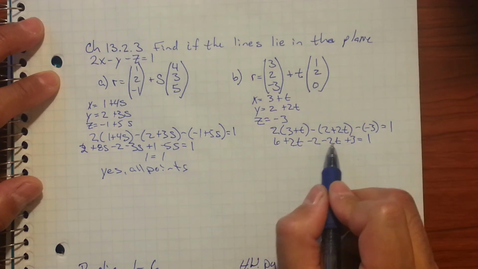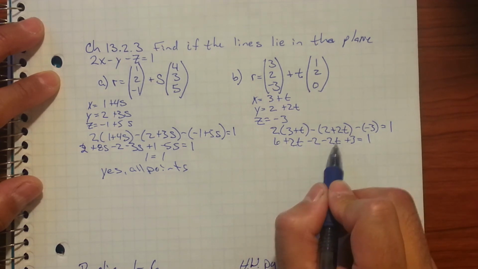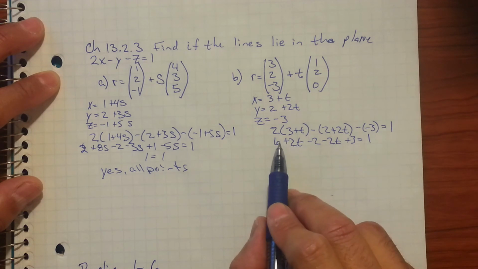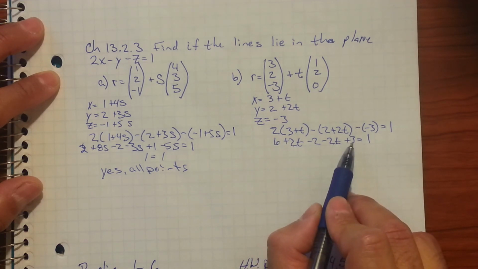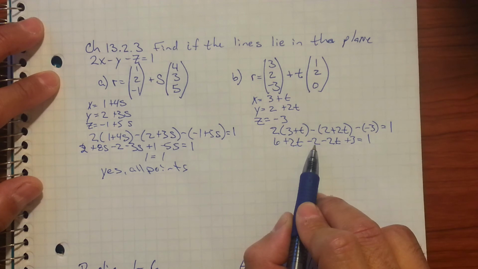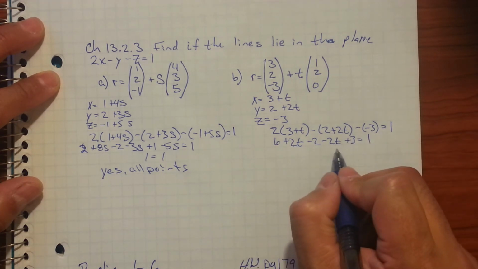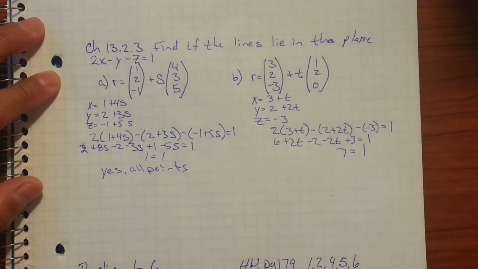Right here, t's go away, so that's 0t. So this next part's really important. So now I'm going to have, let me see, 2 here plus 3. That should give me 9. And negative 2, that's going to be 7 equals 1.